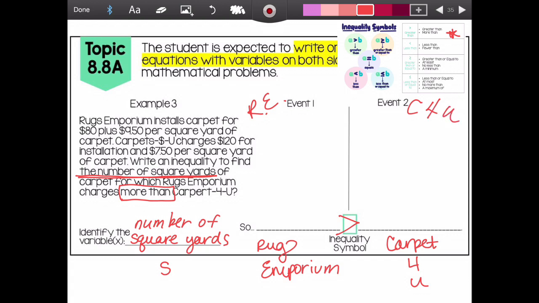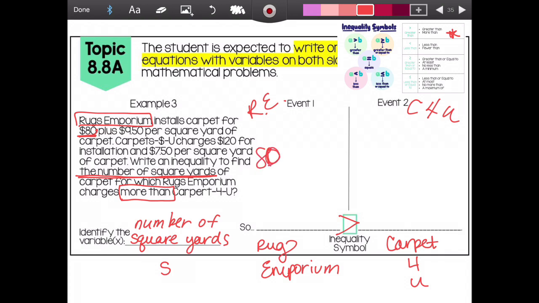We have our inequality symbol, but now we need to get the left and the right side. So now we have to go back into the problem and read the information that it's giving us. It says Rug Emporium installs carpet for $80. So we know that it's charging $80.